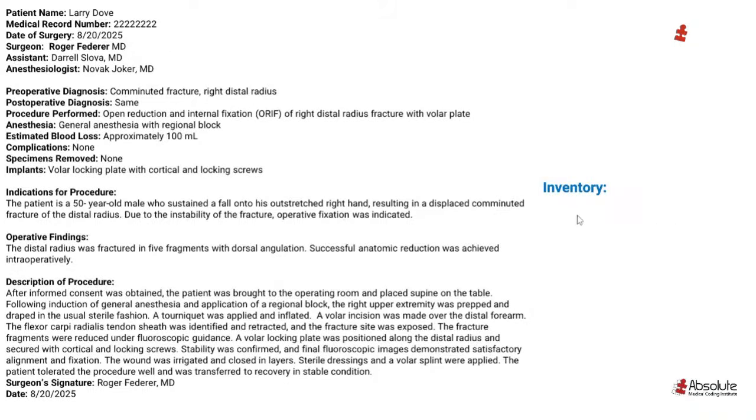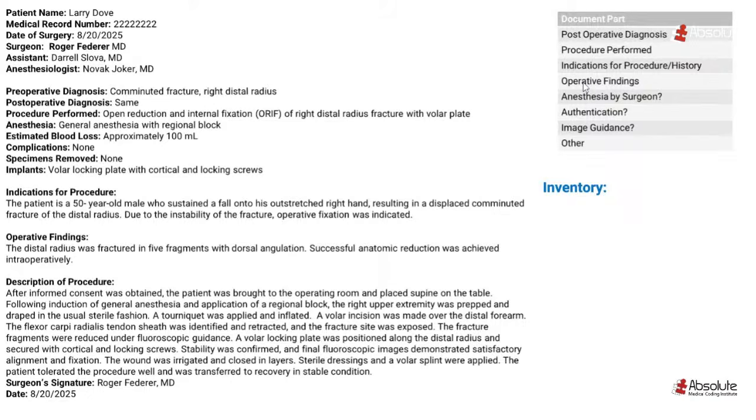Well, you know how we like to inventory, but I came up with this chart. It's just a reminder for me: make sure you grab that postoperative diagnosis, indicate your procedures performed, and look in the indication for procedure, which is often your history of the present illness.